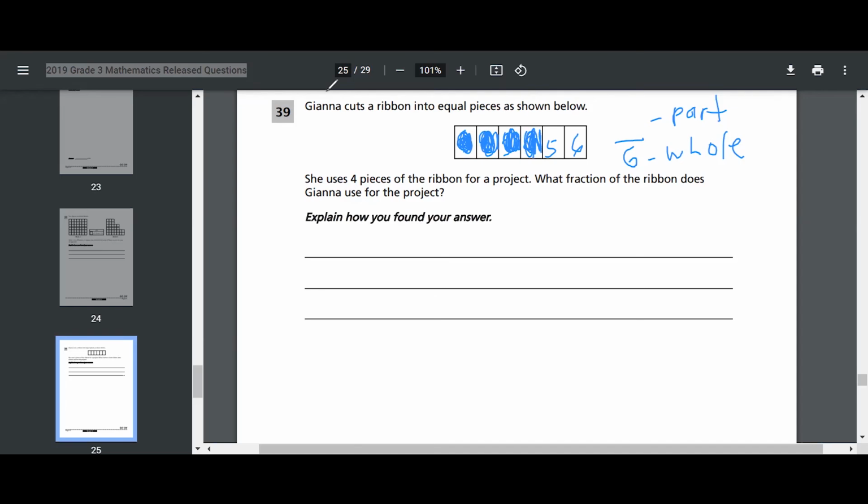So we clearly see that out of the 6 pieces, the part that Gianna shaded in is 4. So now we have found our numerator, 4. What fraction of the ribbon does Gianna use for the project? Explain how you found your answer.